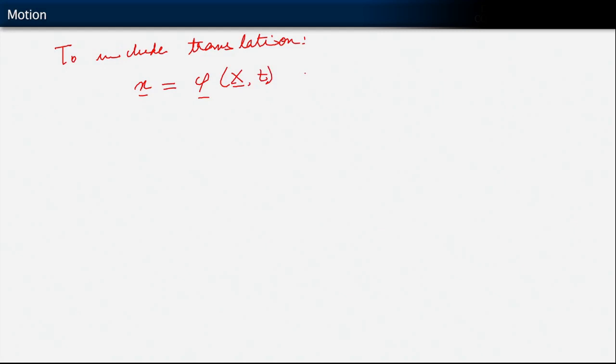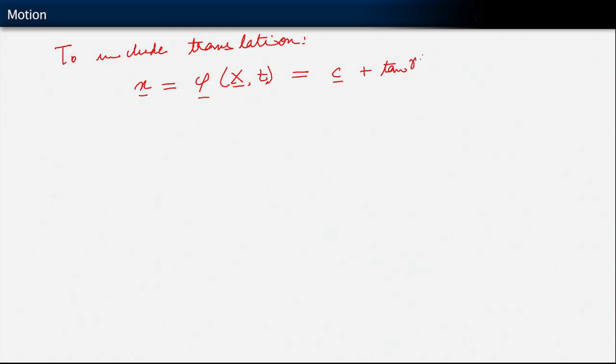Okay, so to include the translation, one would say that x equals phi of x comma time equals some constant vector c plus everything else that we wrote out there, right?